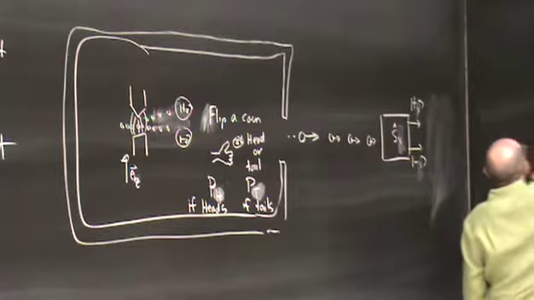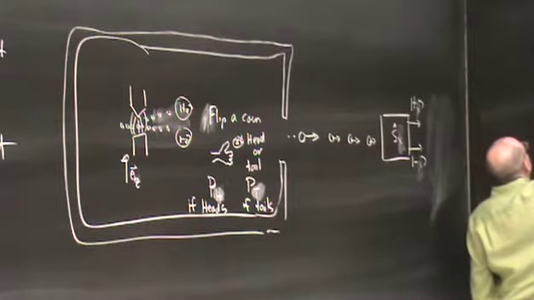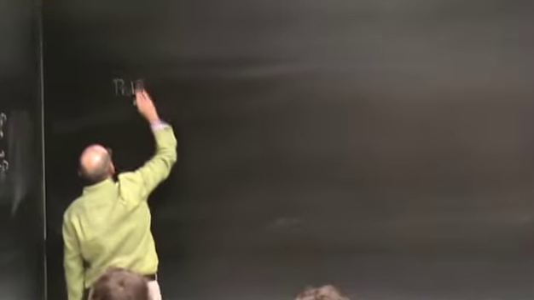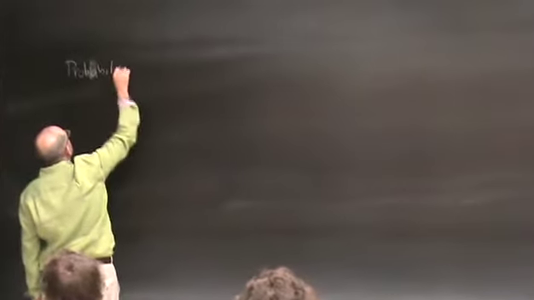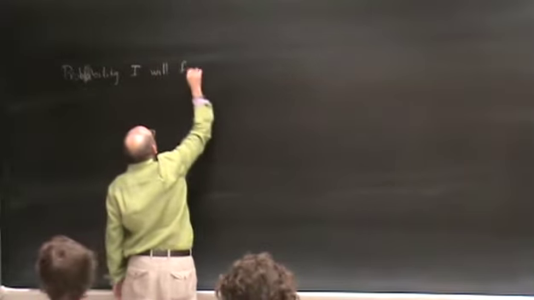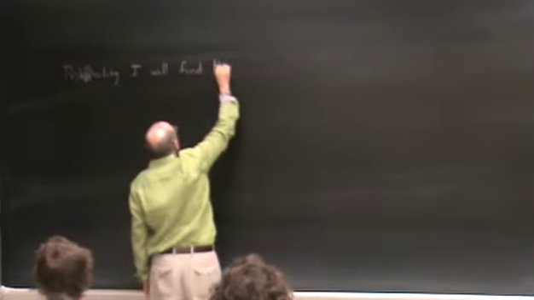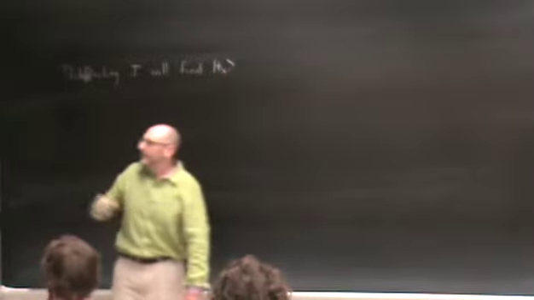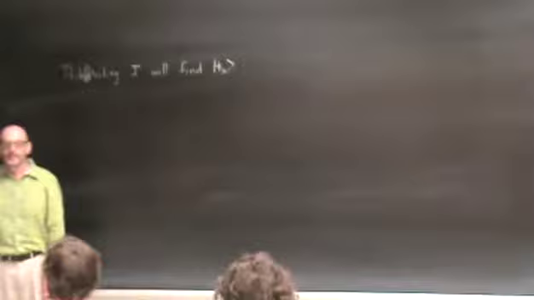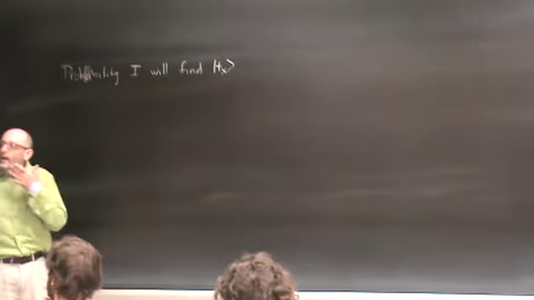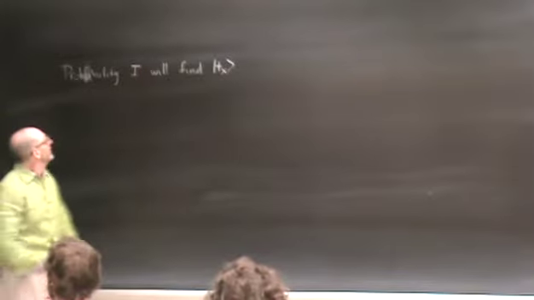So what is the probability in this kind of analyzer that I will find, say, spin up along X, given that the preparer is sending this? Well, here's how I would calculate it.